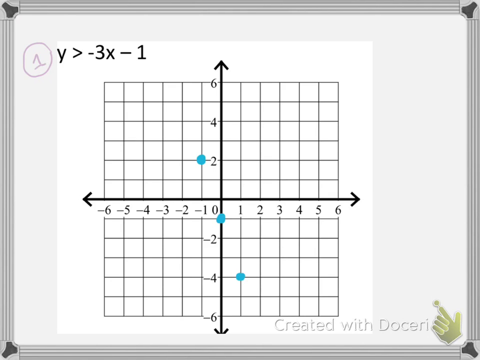Okay, so now this is going to be a dotted line here. And this y is greater than negative 3x minus 1, so we will shade everything above the line.